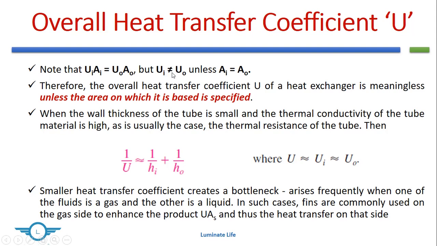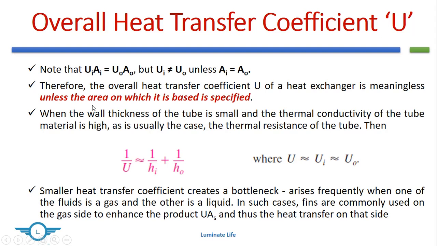Ui is only equal to U0 when Ai is equal to A0. The point to note here is that the overall heat transfer coefficient U of a heat exchanger is meaningless unless the area on which it is based is specified.